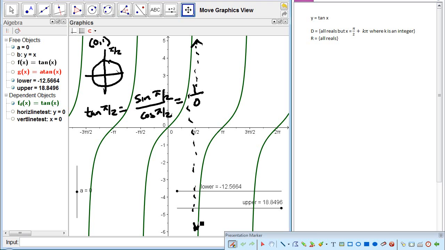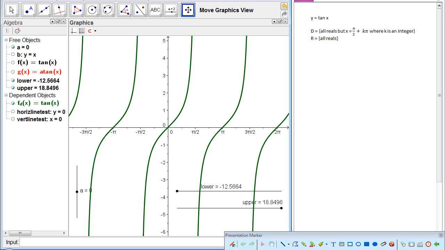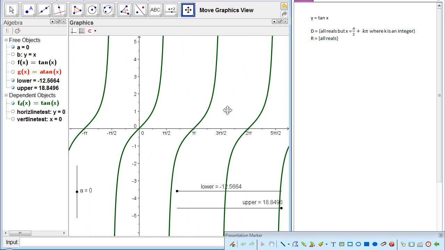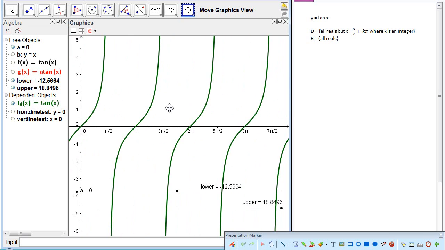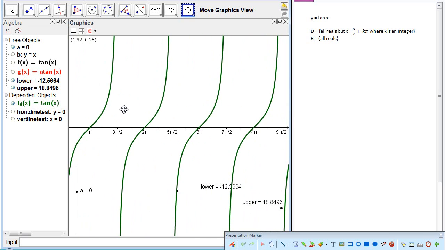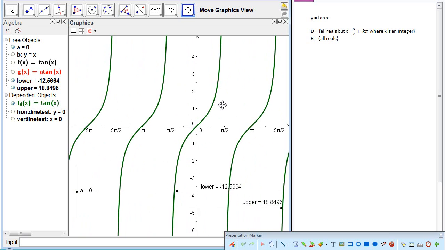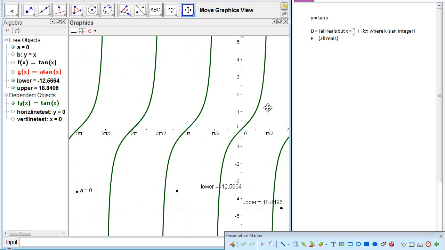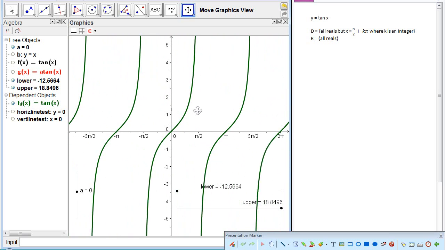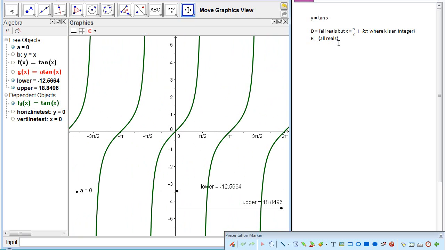And this keeps repeating, not just at pi over 2, but 3 pi over 2 and 5 pi over 2 and 7 pi over 2 and 9 pi over 2. You get the idea. It also goes backwards. You can go back negative pi over 2, negative 3 pi over 2, negative 5 pi over 2. So that's the restrictions and why you can't include all reals.